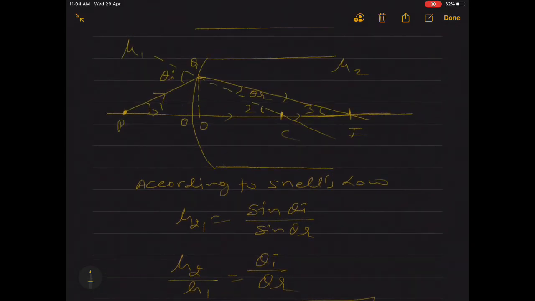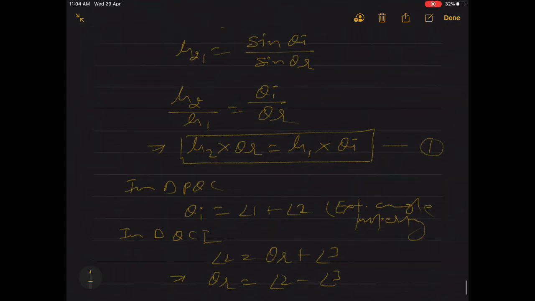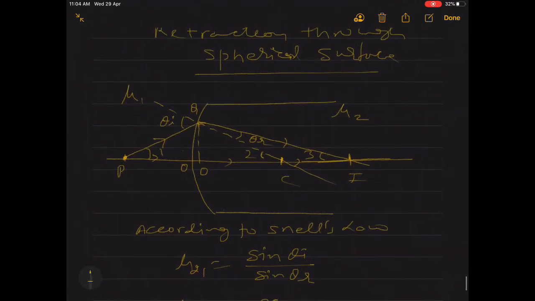And in triangle QCI, angle 2 is equal to theta r plus angle 3. So theta r is equal to angle 2 minus angle 3. Now we have to find out the expressions for angle 1, 2 and 3 by using the trigonometric ratio.